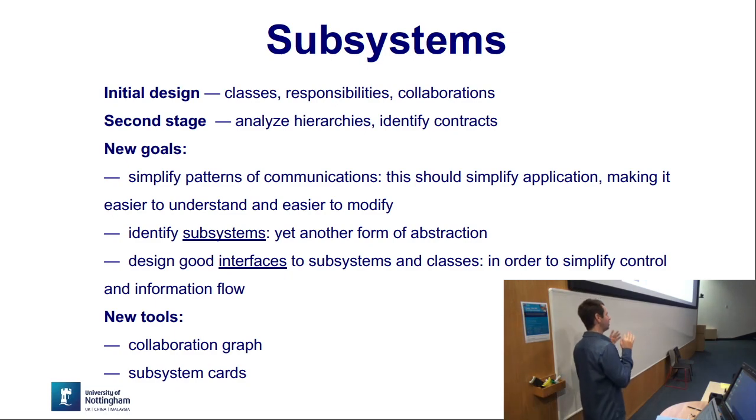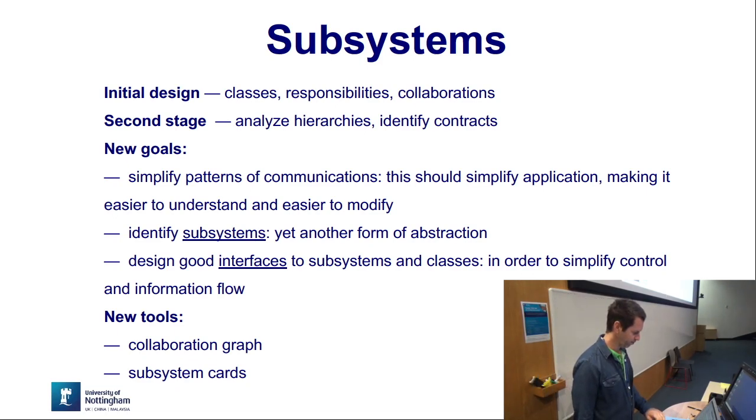We simplify the patterns of communication by identifying subsystems. This is another form of abstraction, and subsystems are basically implemented by interfaces in Java, right? In Java you can create an interface, and that's how you realize a subsystem.